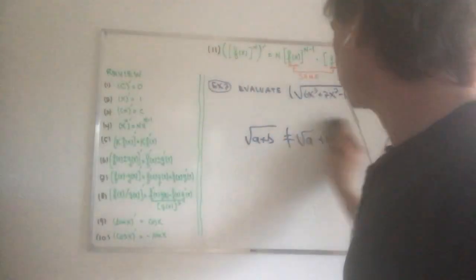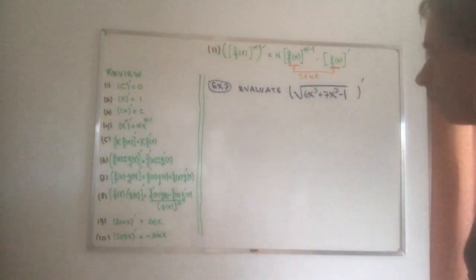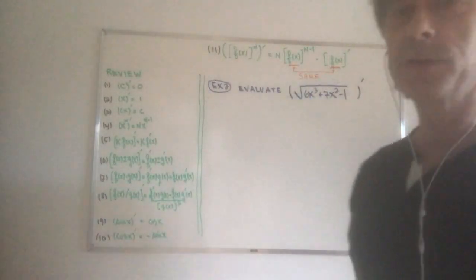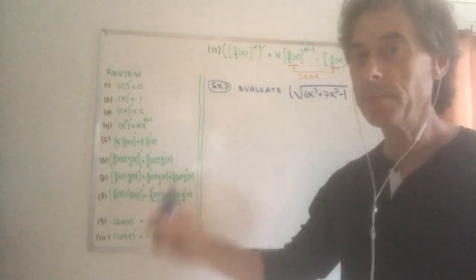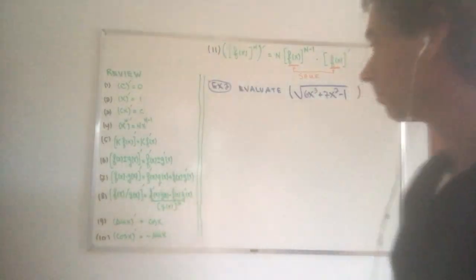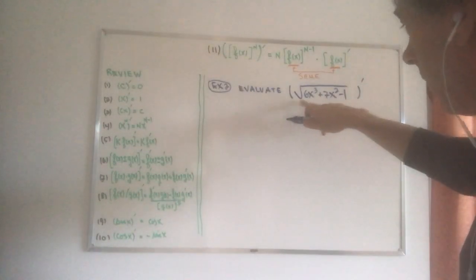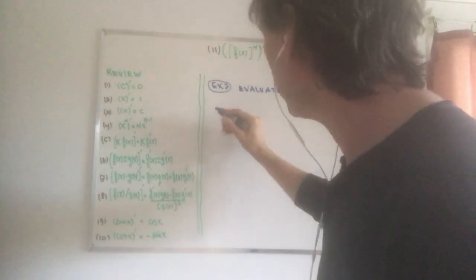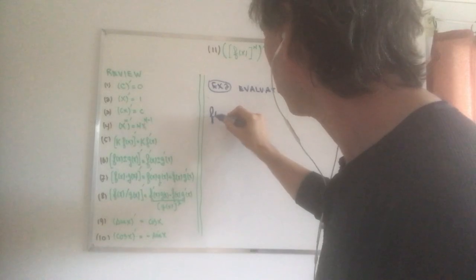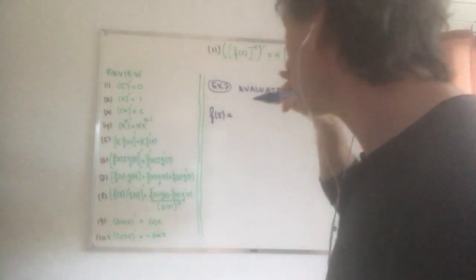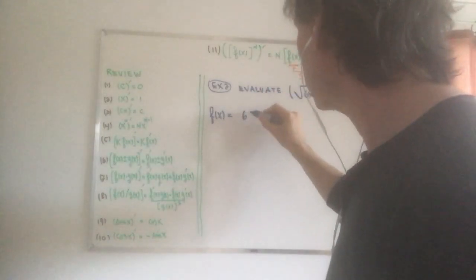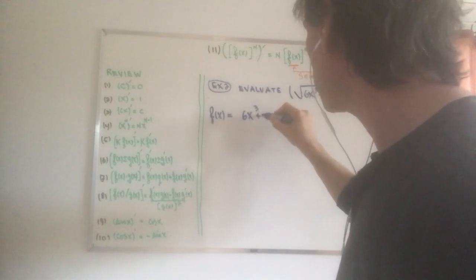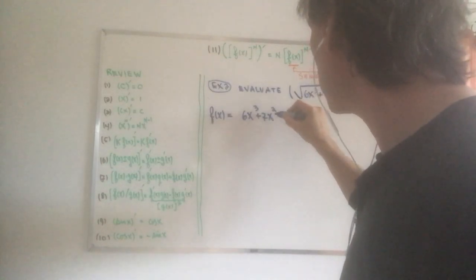Well, what can we do if we can't do that? Well, any suggestions? We're in the section about chain rules, so we expect some sort of a power to pop up someplace. And what better power than the power 1/2 for the square root? So what we really have here, f of x, is 6x cubed plus 7x squared minus 1.